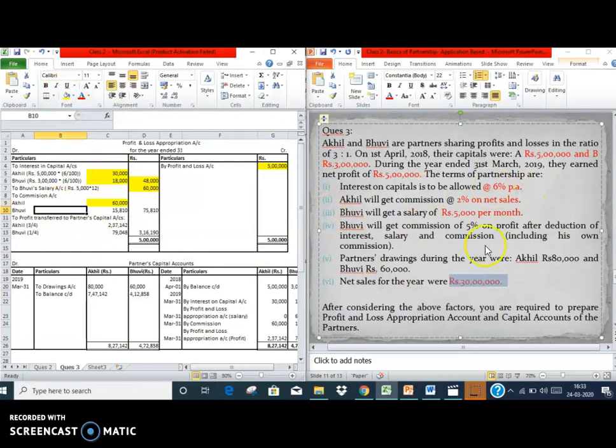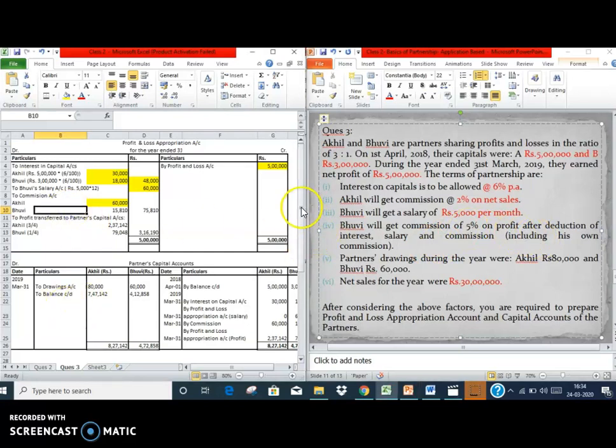Now we need to calculate this. Ruby will get a commission of 5% on profit after deduction of interest, salary and commission. So you have to deduct all the things, and this includes her commission.